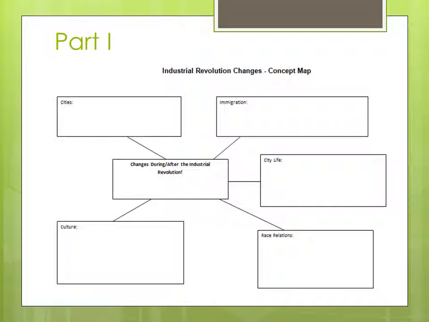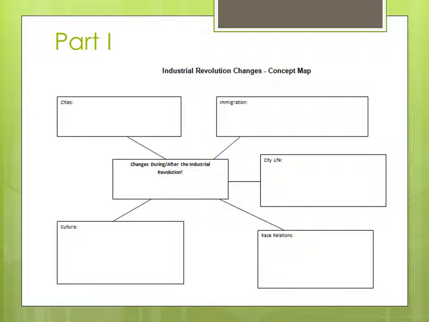So you should be able to go through the unit and the reading, which was pages 1 through, I believe, like 23 or 24, and fill in each of these with 3 to 5 facts per. Okay?